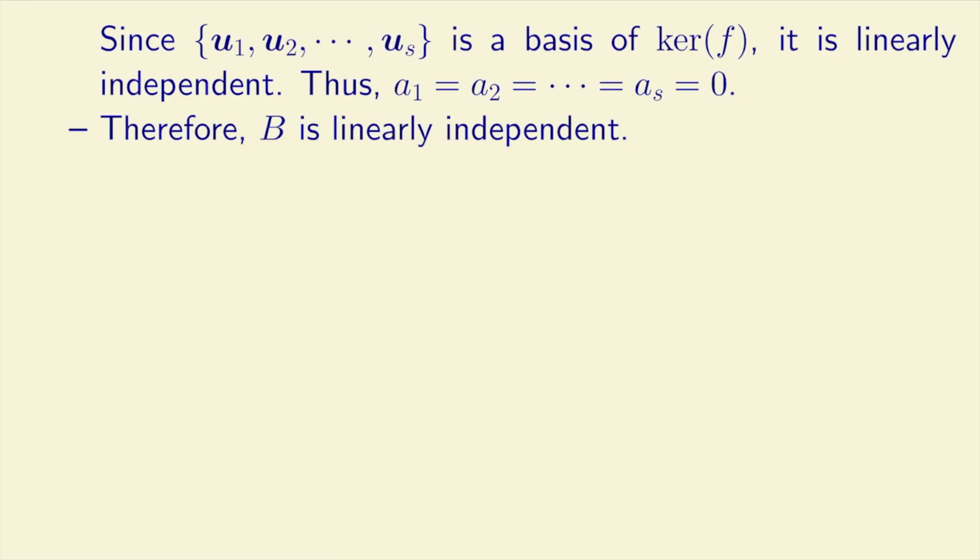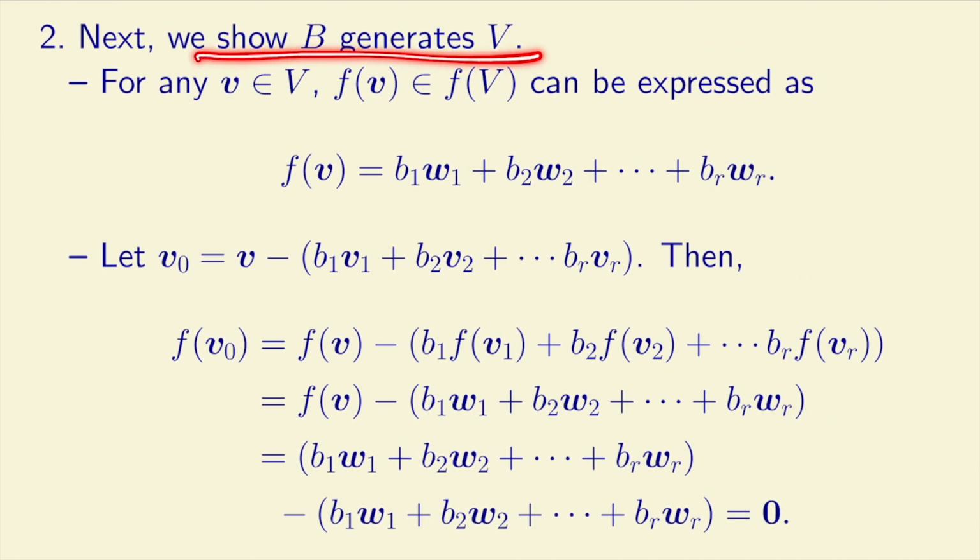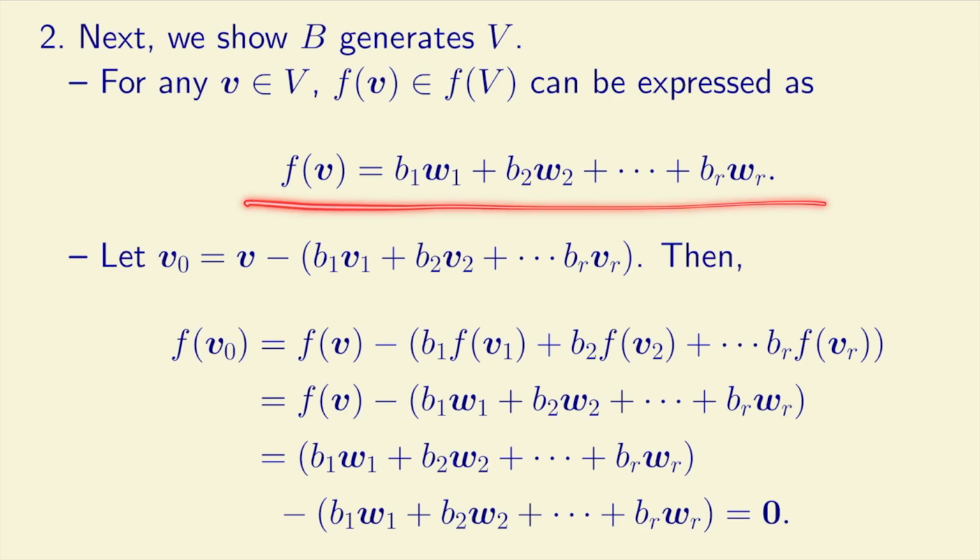Now we need to show that B generates all of V. Let's pick any vector v in V. The image of v, f of v, is in the image space f of V. So we can write f of v as a linear combination of the basis vectors of the image. f of v equals b1 w1 plus ... plus bR wR. Okay.